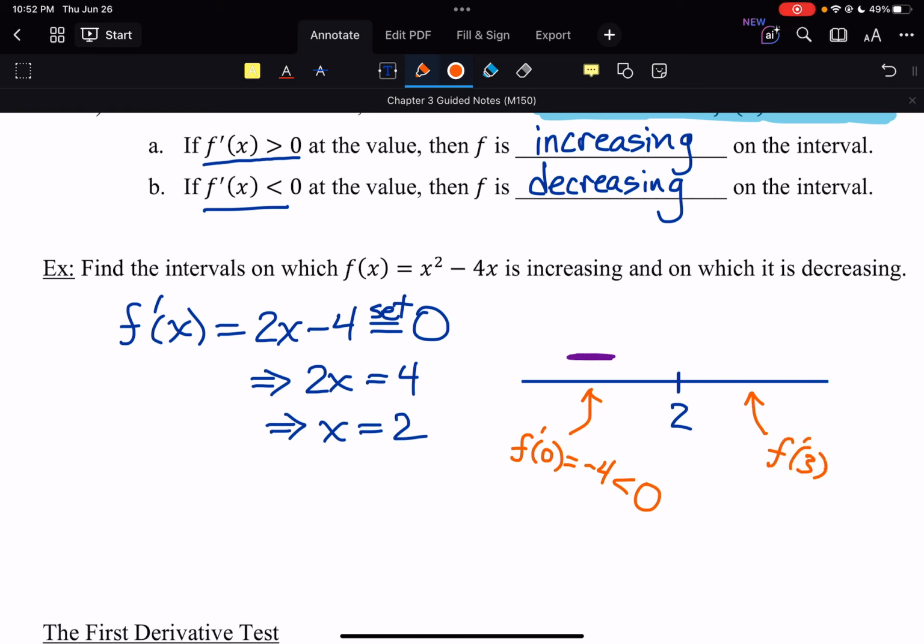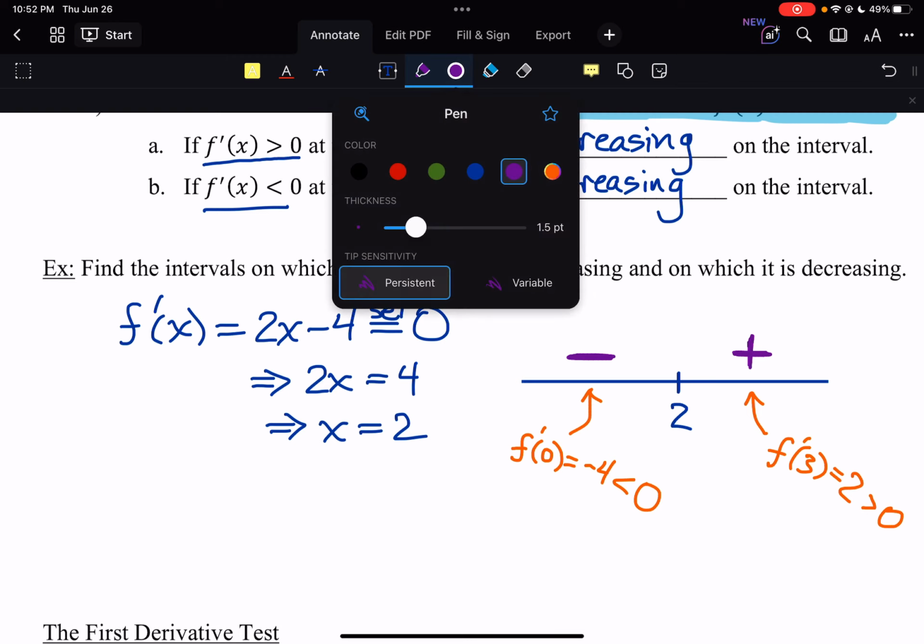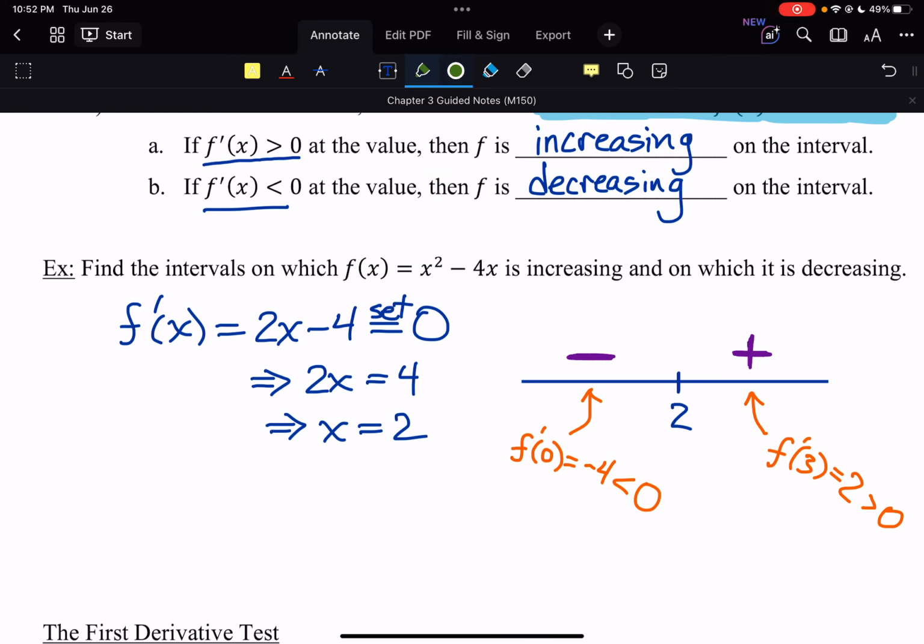So we'll check f prime of 3. That's 2 times 3 is 6, minus 4 is 2, which is a positive number. So I'm going to go ahead and put a plus right there. And as you can see, it doesn't even really matter that much what the number itself was. What really matters was whether it was positive or negative.